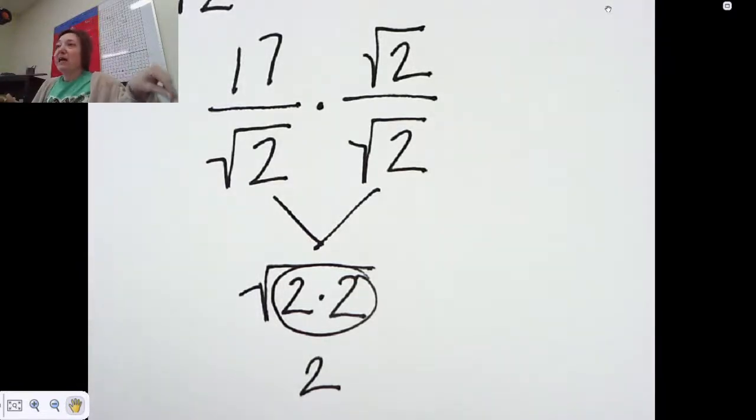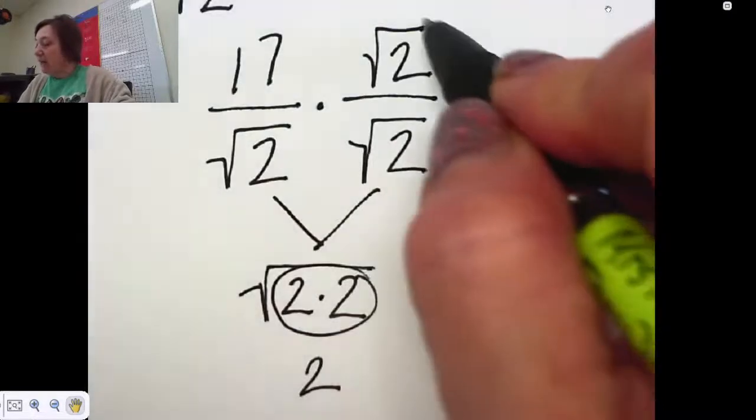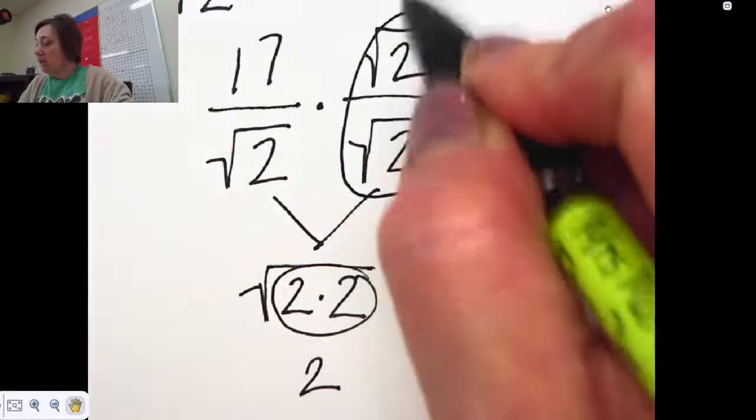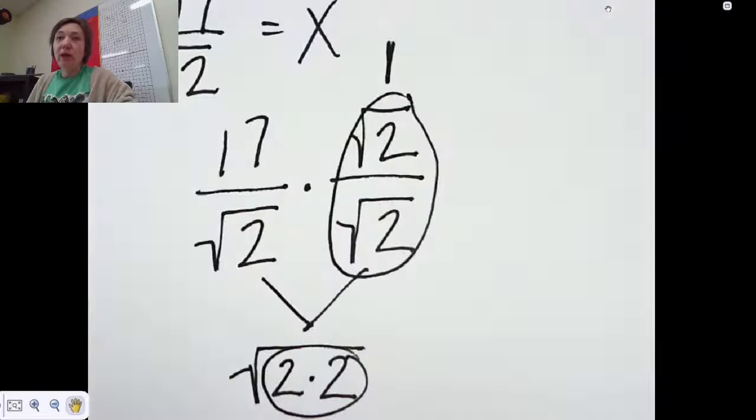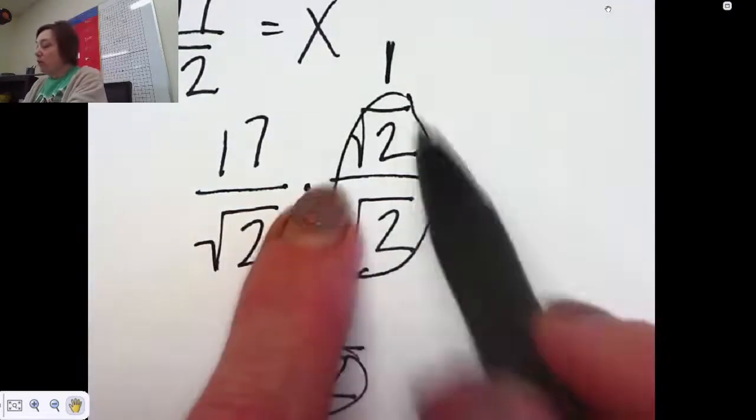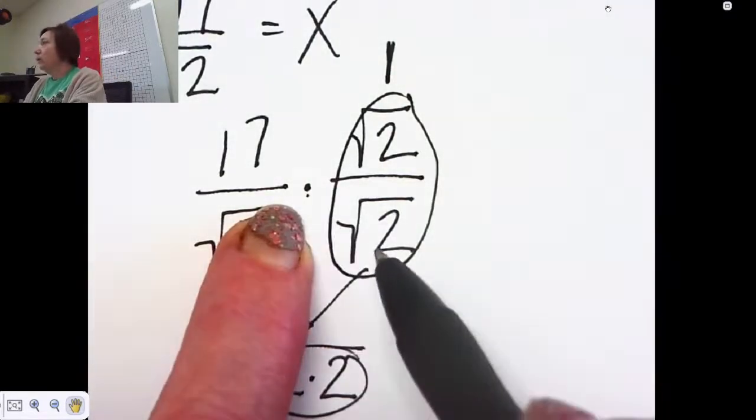Little short sidebar for a second. What's 4 divided by 4? What's 7 divided by 7? 12 divided by 12. Square root of 2 divided by the square root of 2. 1, still 1. Anytime you divide something by itself, it is equivalent to 1, right? So we're just multiplying this by the number 1.